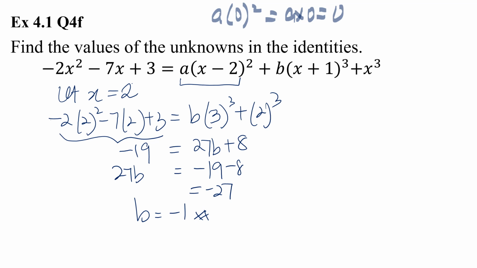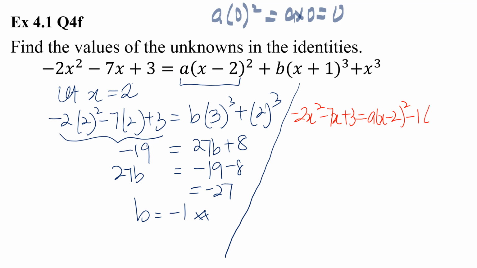After finding the value of b, you can just put it back into your identity. And you will get negative 2x squared minus 7x plus 3 equals a bracket x minus 2 squared minus 1. Which actually you don't need to put the minus 1 there.